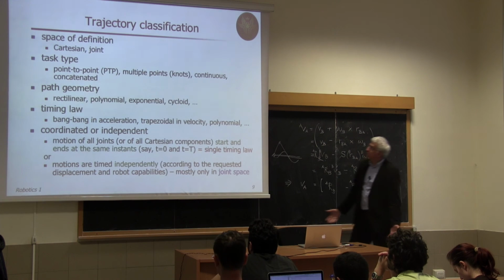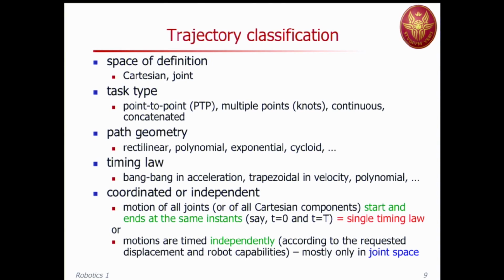So again, what are the types? We have said: classify trajectory, Cartesian or joint space. Task type: if I have to go from one point to another point, and that's it, and then move again, so point-to-point motion, or interpolate multiple points or knots, as we call them. Some type of continuity in terms of derivative in space or time. The fact that I can concatenate elementary motions.